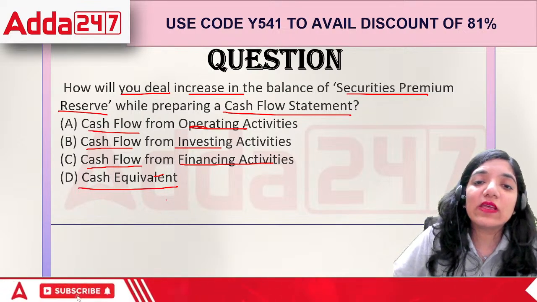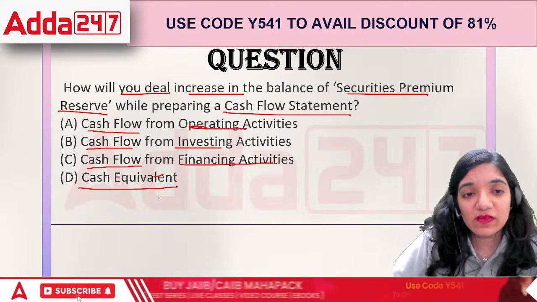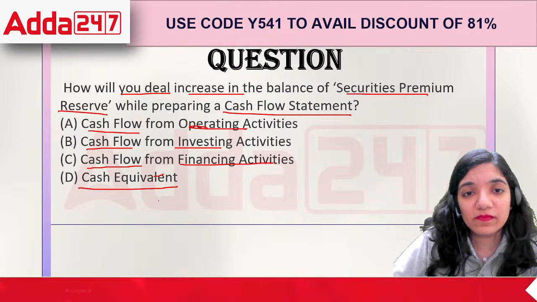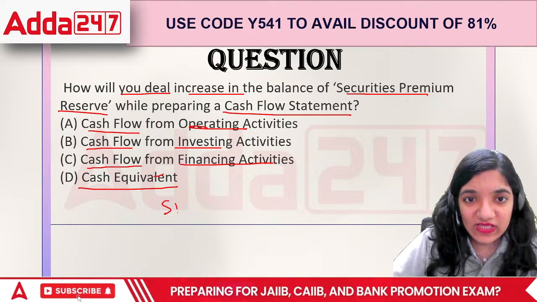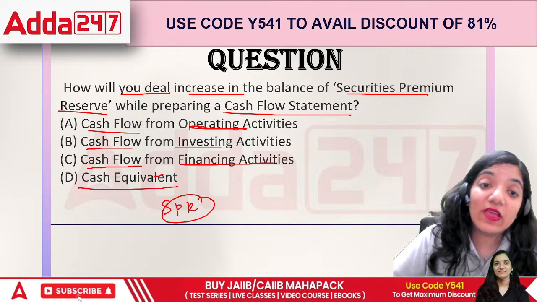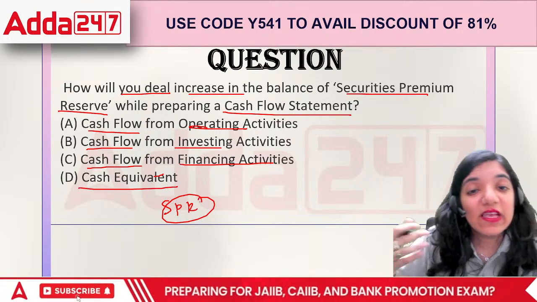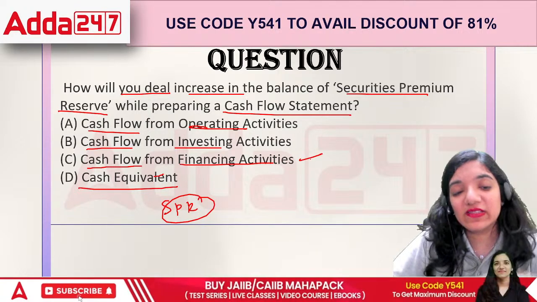If there's an increase in securities premium reserve, that means we are issuing shares to the people. If we are issuing shares, we are getting money for the business. If we are getting money for the business, it's a part of the financing activities.